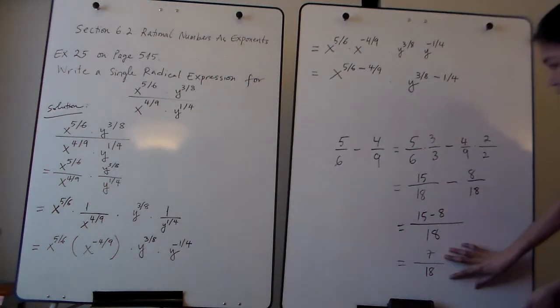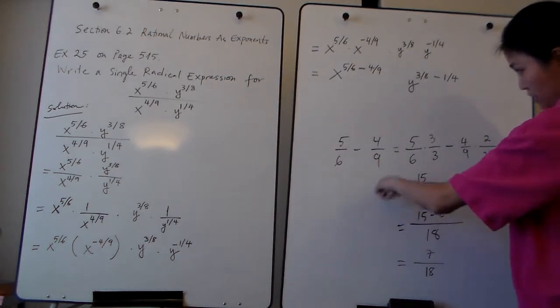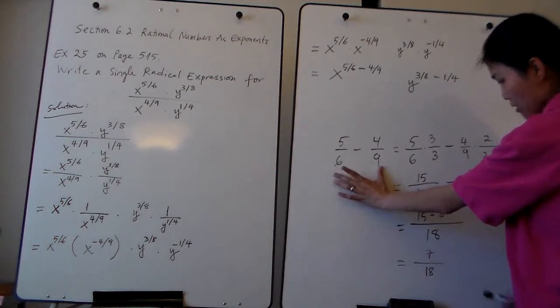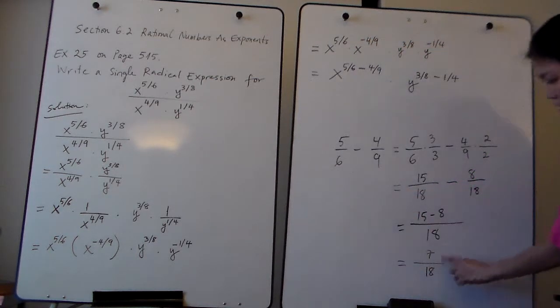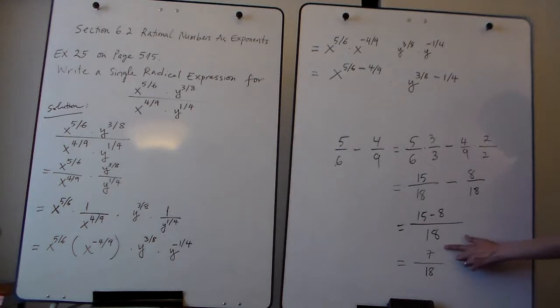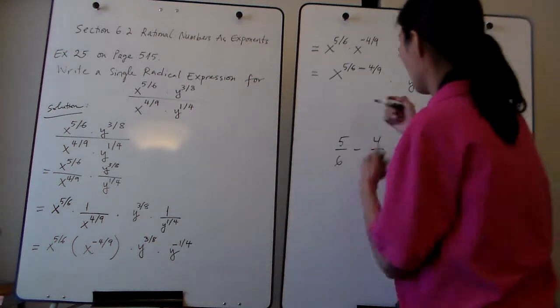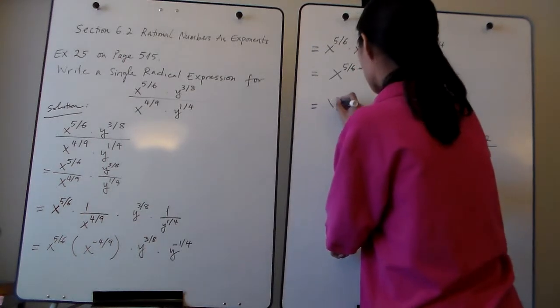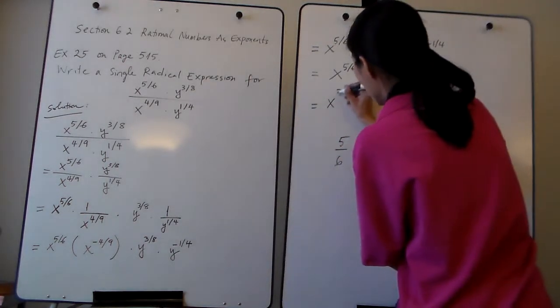And this you cannot simplify any further. So I'm going to replace this difference between these two fractions, 5 over 6 subtract 4 over 9, with this simplified form, which is 7 divided by 18. Okay? So x is replaced by x raised to 7 over 18.